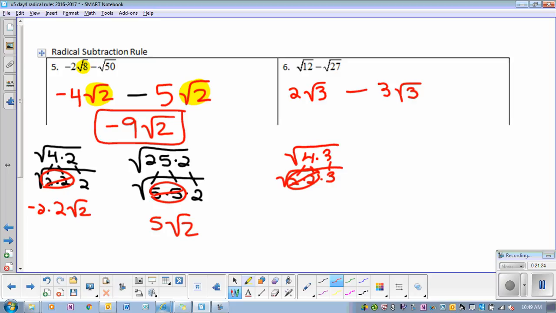Okay? What's 2 minus 3? Negative 1. So you could write negative 1 root 3, or you could just write negative root 3. Same thing. Okay? And more likely than not, you'll just see it written as negative root 3. You probably won't write the negative 1. Okay? Any questions? All right.